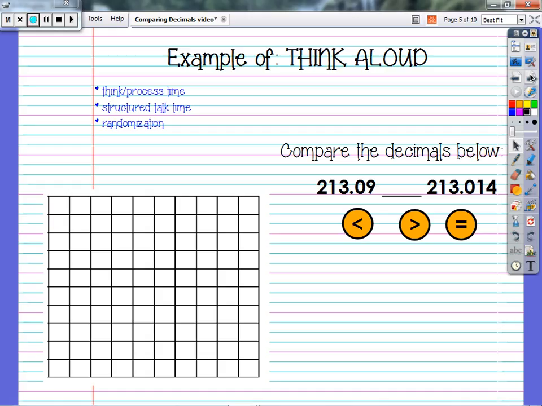Okay, so we're going to stack up our numbers, and we're going to line up our decimals. Good. So we're going to make sure we are lining up our decimals and stacking up our numbers.